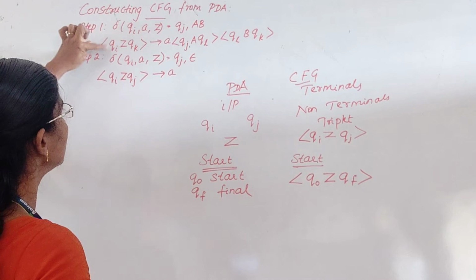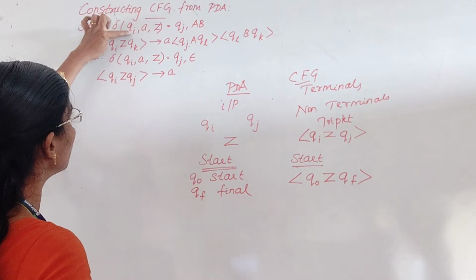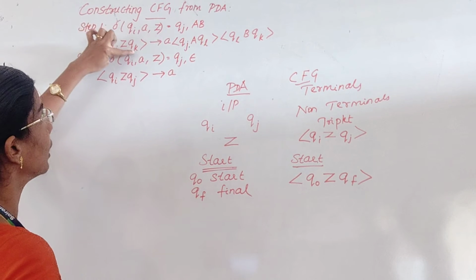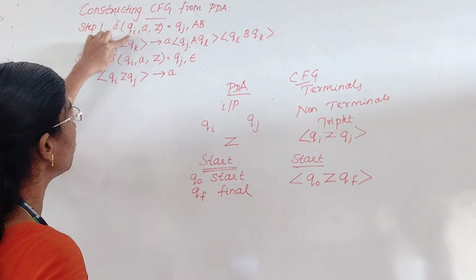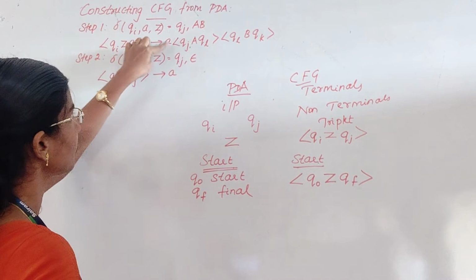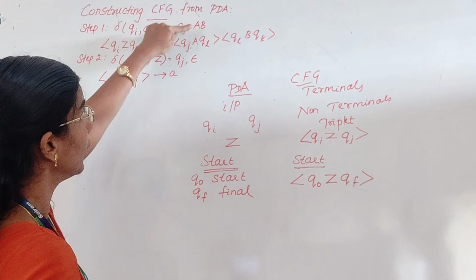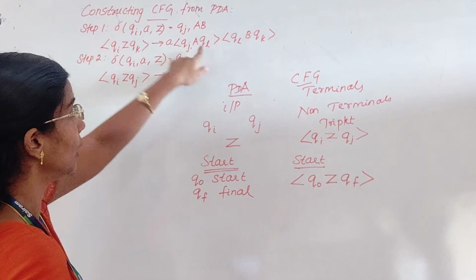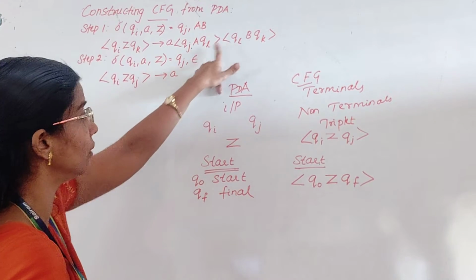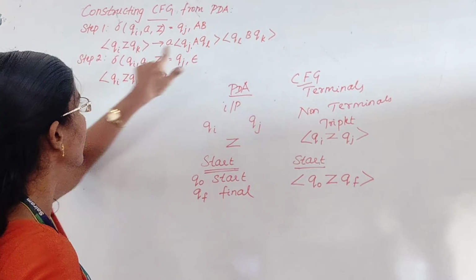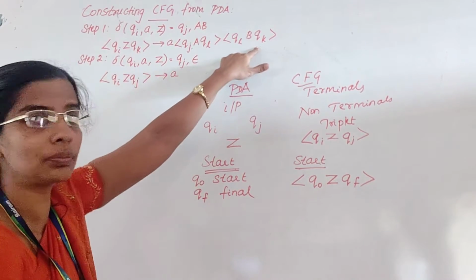But how to write this triplet form? QI, Z, QK tends to my input symbol A, and here there is a state change to QJ, then this non-terminal, and here QL will take all the possible values, and B, next it is K value.